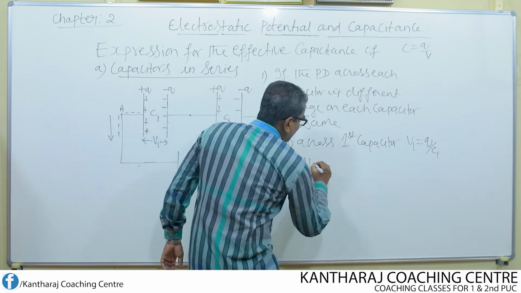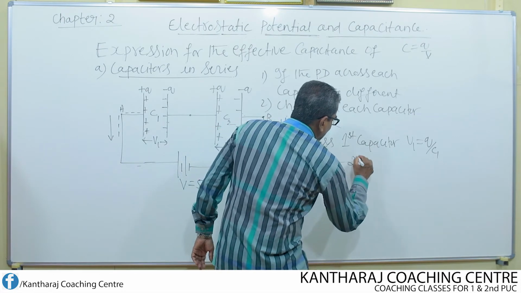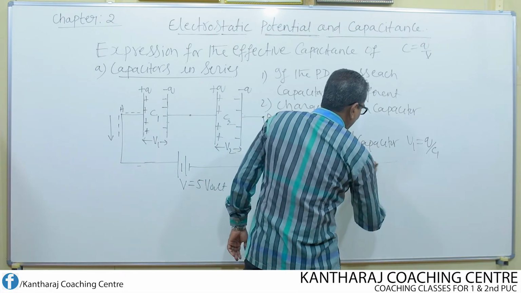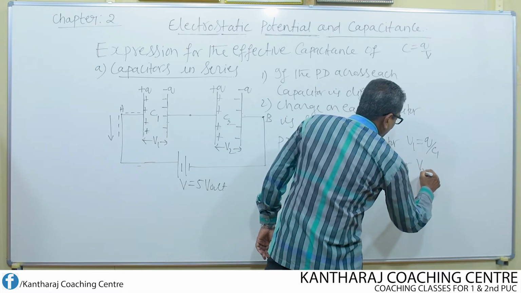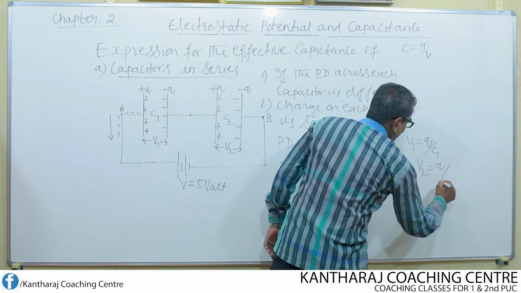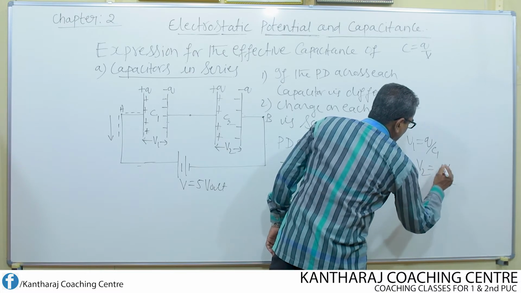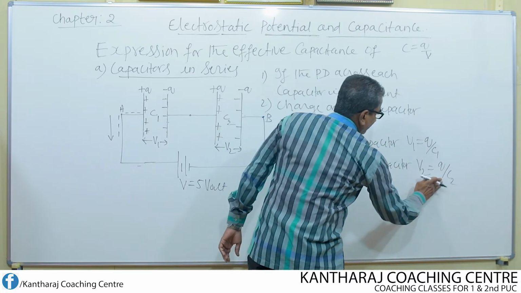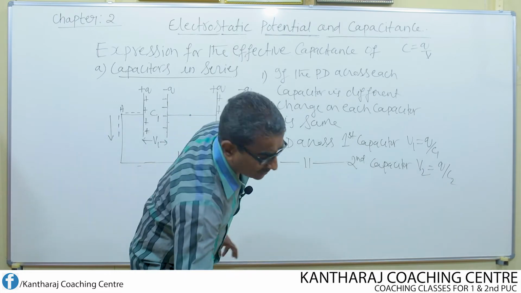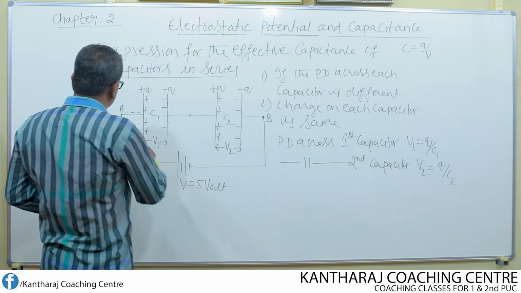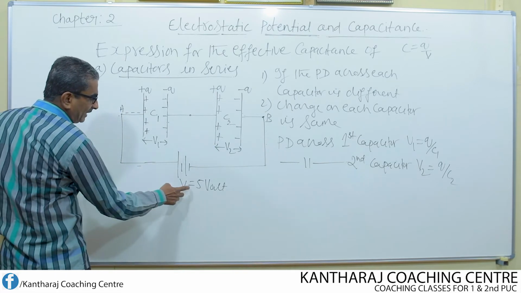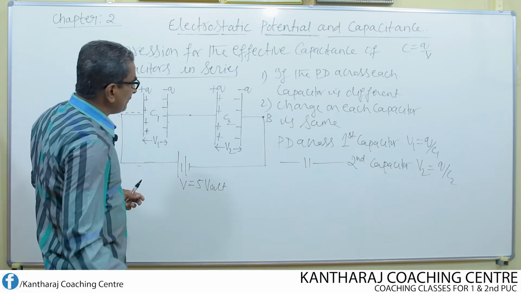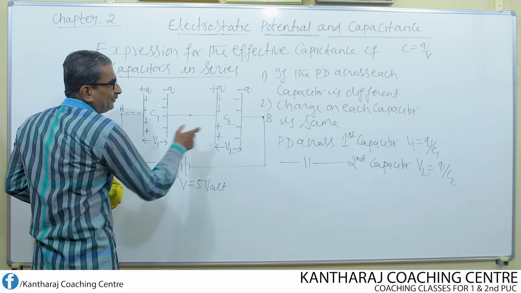Similarly, what is the potential difference across the second capacitor? It is given by V2 equal to Q divided by C2. What's the total potential difference across AB? The total potential difference across AB is V, which can be taken as equal to V1 plus V2.